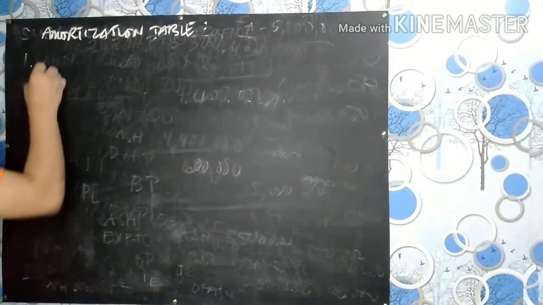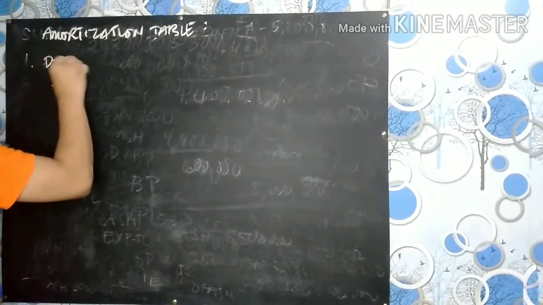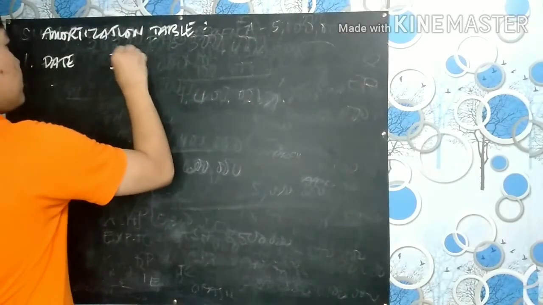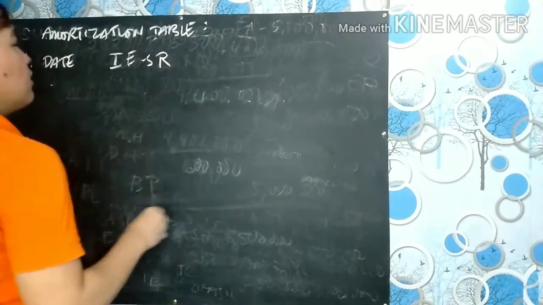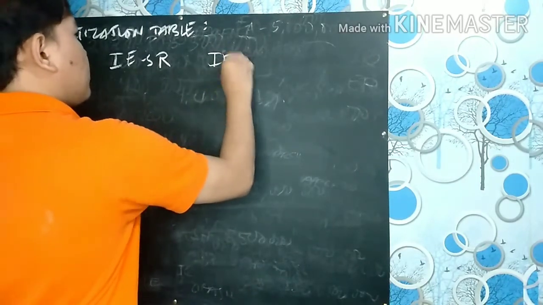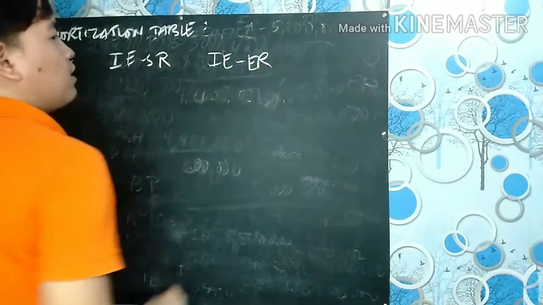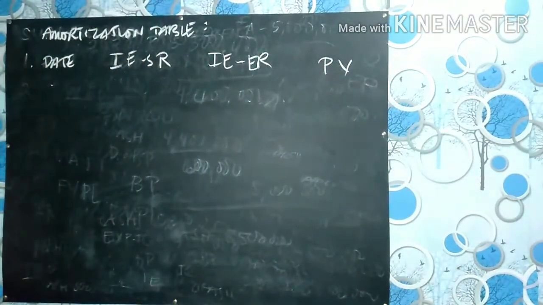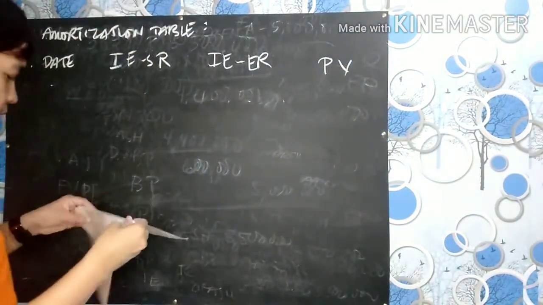So, of course, the date. The interest expense using the stated rate, the interest expense using the effective rate, then the present value of the bonds.